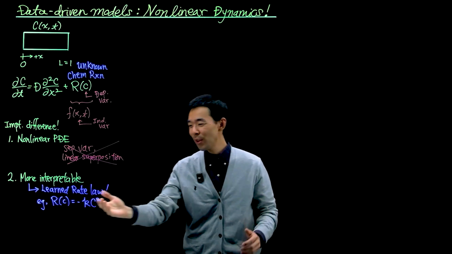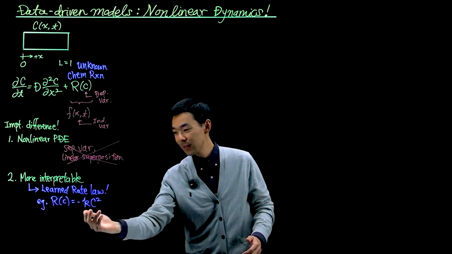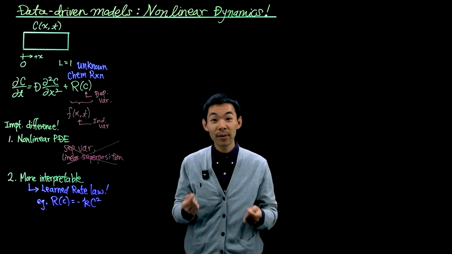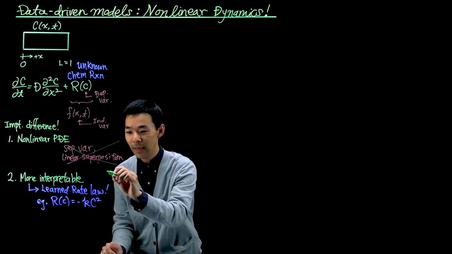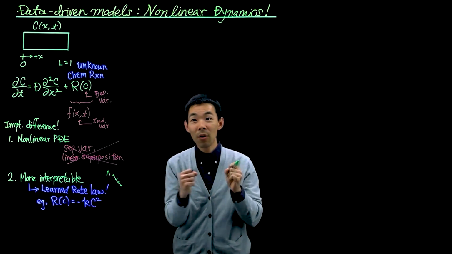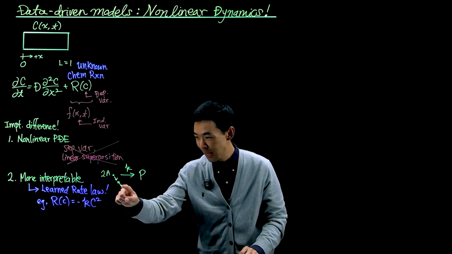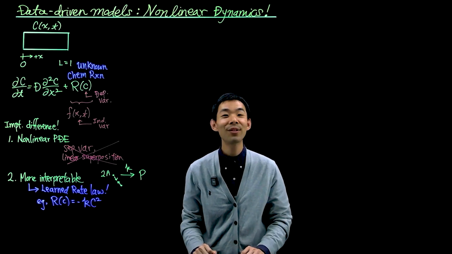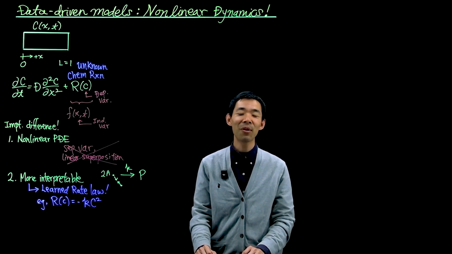For example, you might have a bimolecular chemical reaction, some rate constant k times C squared. This would correspond to some kind of mechanism where you have some reactant A that collide, come together, and become products. So you have some chemical species A, two of them coming together and colliding and turning into your products. This would be an irreversible bimolecular chemical reaction.